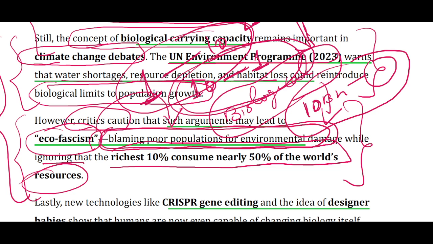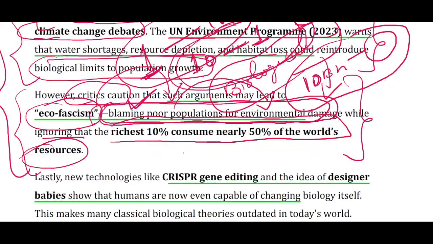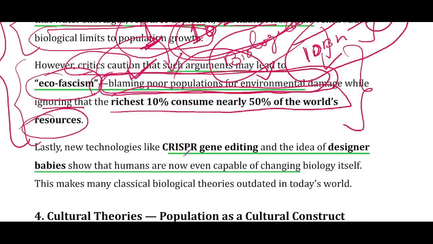That these poor people with high fertility, those who produce a lot more children, are a burden to the environment, rather than seeing who is consuming more resources.